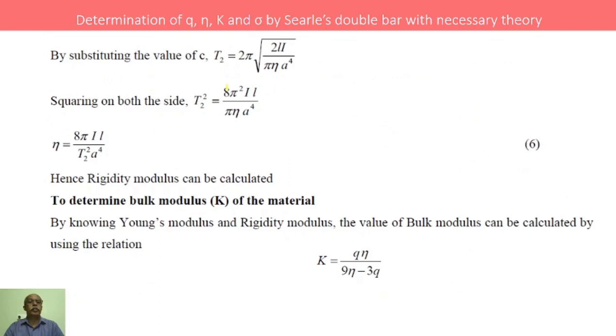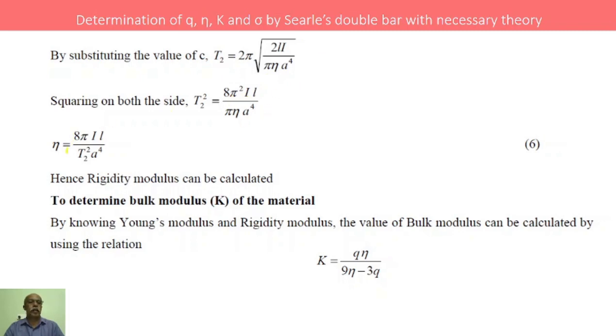And therefore, substituting the value of C in the above expression, T2 becomes equal to 2 pi into square root of 2IL divided by pi eta a power 4, or T2 square is equal to 8 pi square IL by pi eta a power 4.